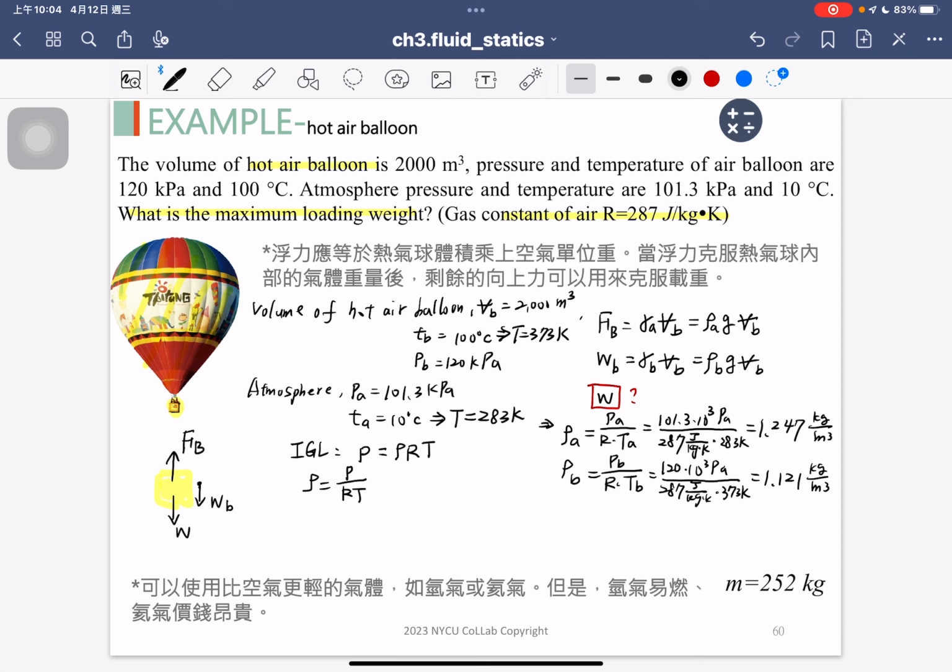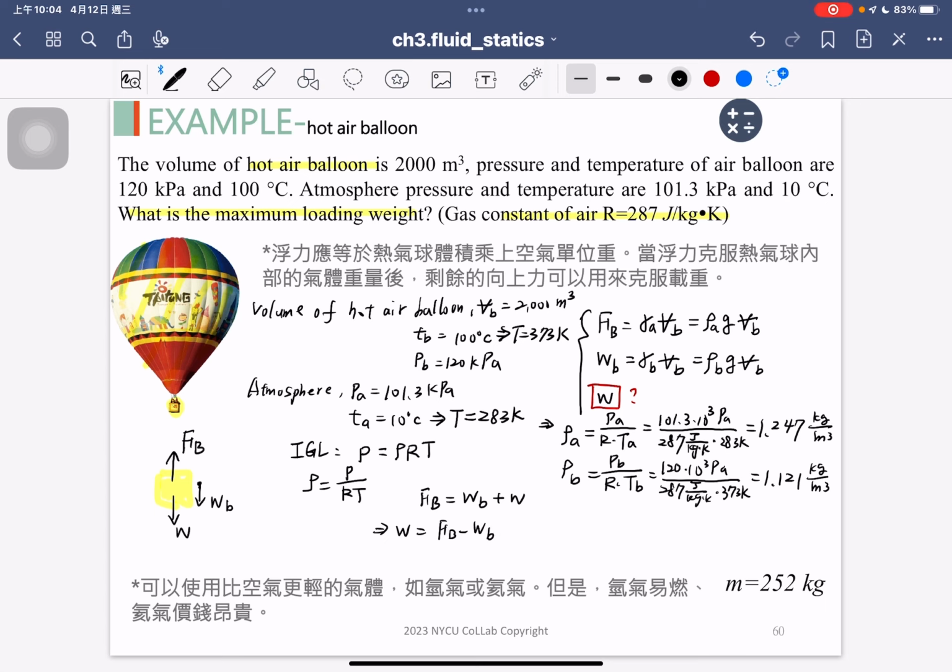Okay, so we have two density properties, and then we go back to see our question. Based on the equations shown here, I make the force balance. The FB should support the weight of the balloon WB plus the load W. Then W will equal FB minus WB, right?